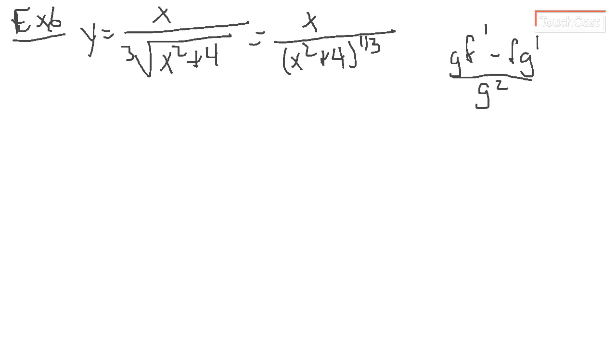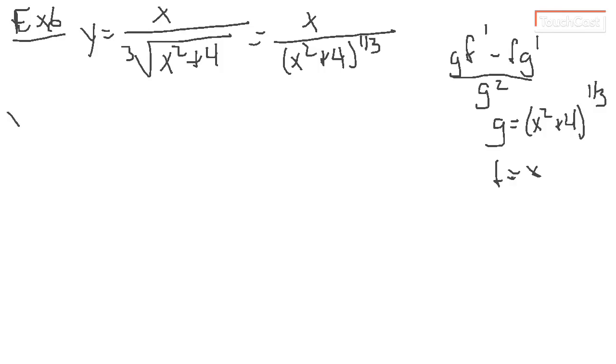You don't have to write that part down because it should already be in your notebooks. Now if we're looking at all this, our g would be our x squared plus 4 to the 1/3, and our f would be our x. So let's do this. Let's find our derivative.